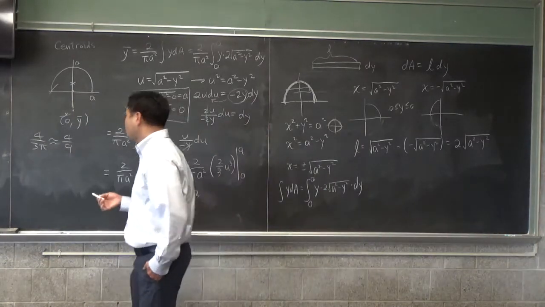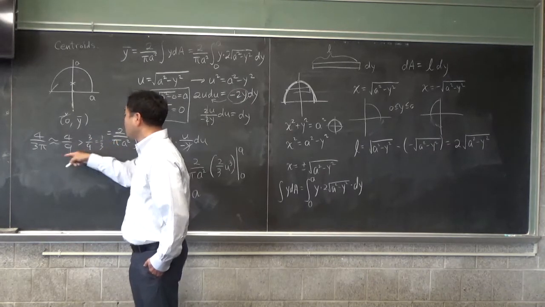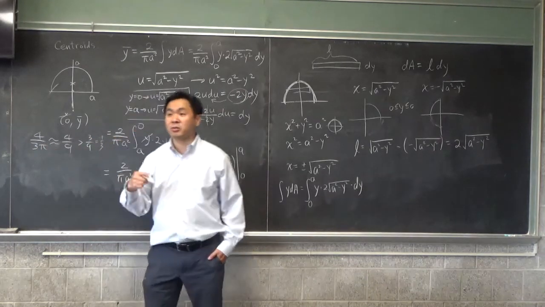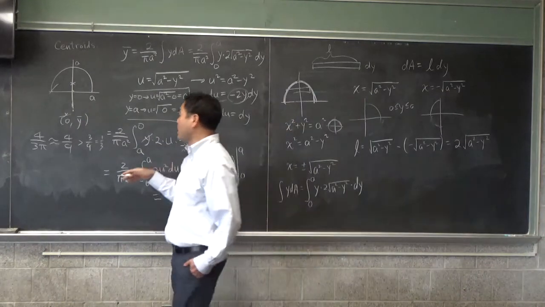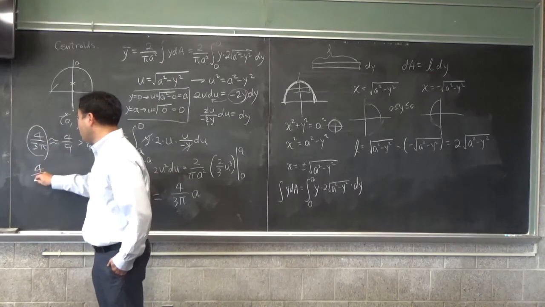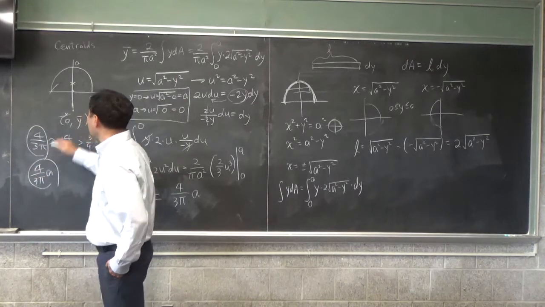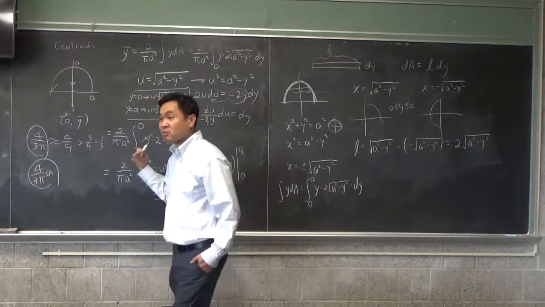And 4 over 9 is bigger than 3 over 9, which equals 1/3. So this value is indeed between 1/3 and 1/2. It's bigger than 1/3, less than 1/2. And that's exactly the point. This is 4a over 3 pi, the location slightly below the half, which is the center of mass of this half circle.